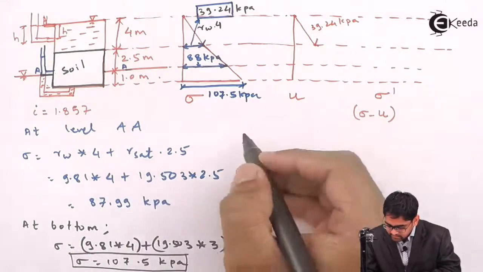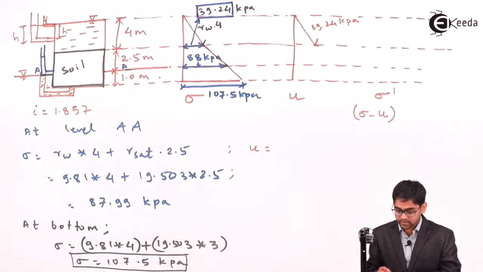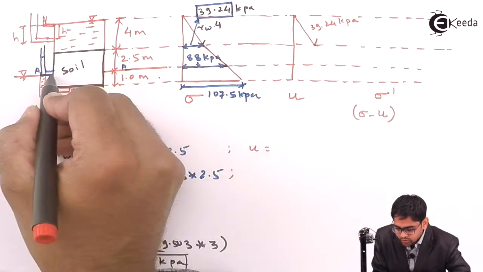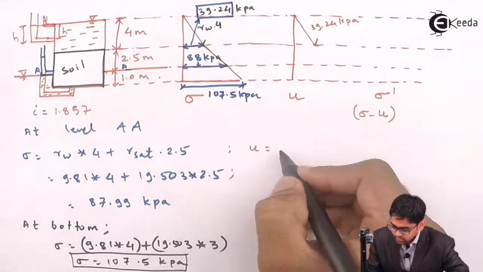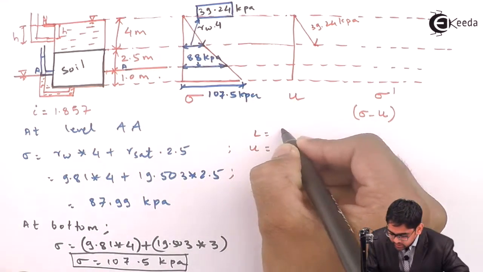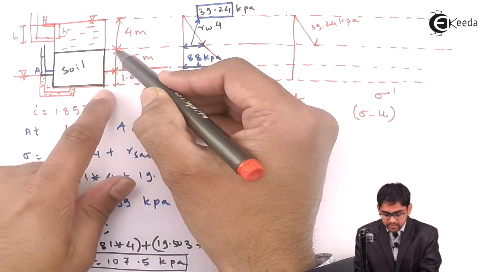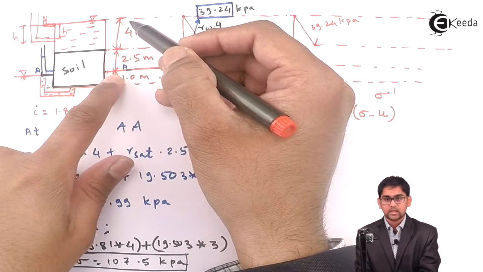So at level AA, I'll again continue with the discussion of the pore water pressure U. See, the length of the travel up to level AA will be equal to 2.5 meter. So at AA the length will be 2.5 meter. See, if you travel by 3.5 meter, 6.5 meter will be the total head loss.